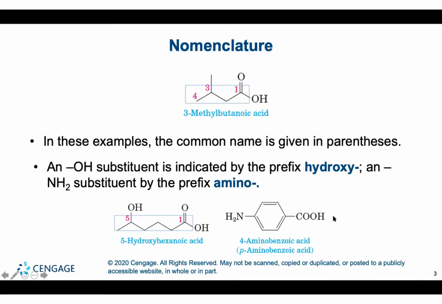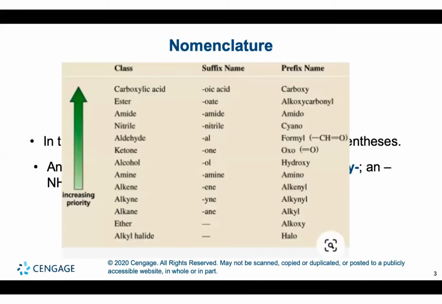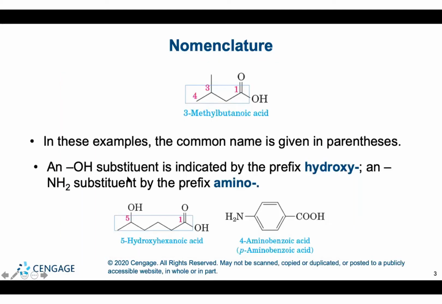What about this one, guys? Again, if you go back to the table, carboxylic acid is prior to the amine group. You see, that's the higher priority compared to the amine group. So we should name our parent based on benzoic acid because I have a COOH there.